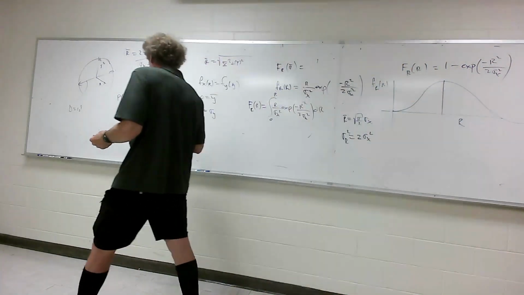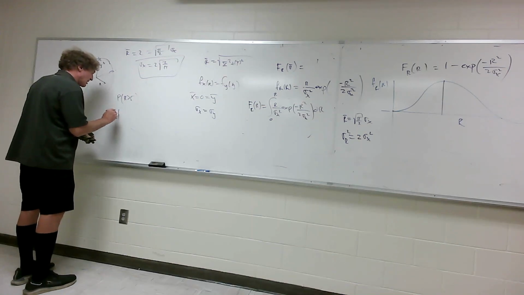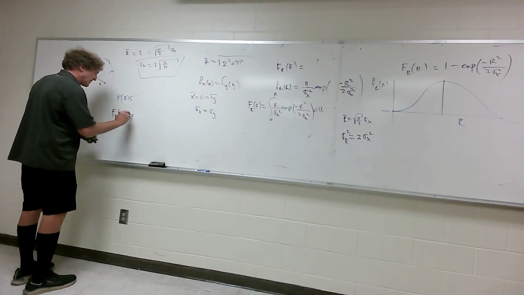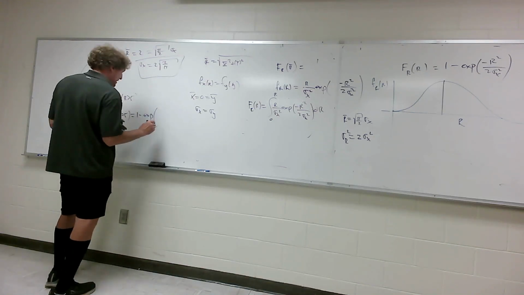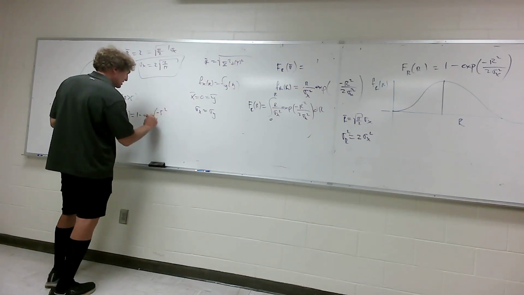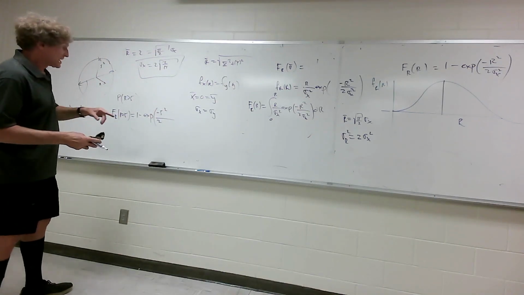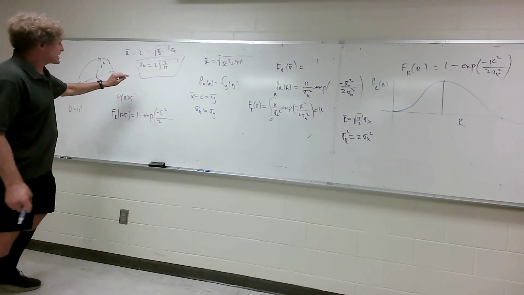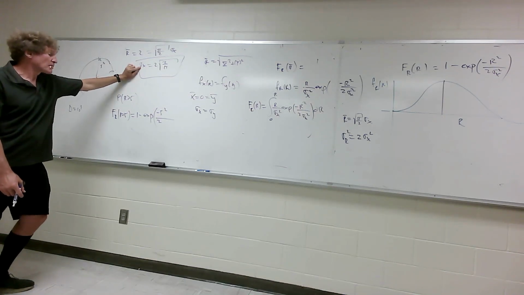So help me out with this one. We're going to take F of R, where R equals 5. It's 1 minus exp of minus 5 squared, or 25, over 2 sigma x squared. Remember, we got sigma x here, and if I square it, 4 times 2 is 8 over pi.